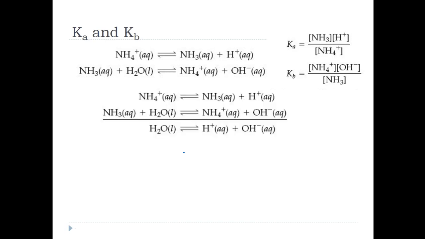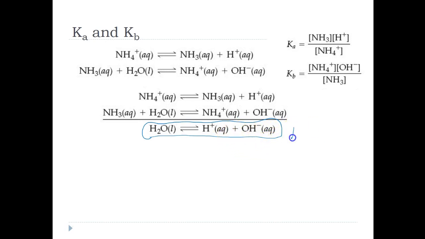If we add these two equations together, what we're left with is this: water at equilibrium with H plus and OH minus. So there's a video that's entirely dedicated to discussing water and how it dissociates and how it affects the pH scale.